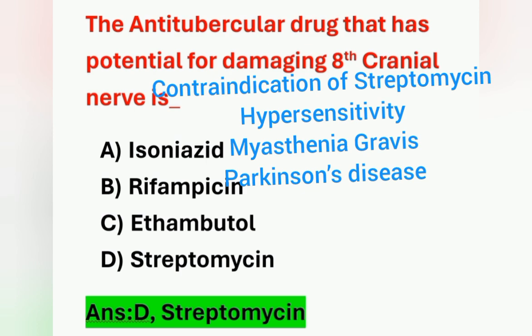Streptomycin is an example of an aminoglycoside antibiotic which is used in the treatment of TB, and this is contraindicated in case of hypersensitivity, myasthenia gravis and Parkinson's disease. Also, this is not given in case of 8th cranial nerve damage.